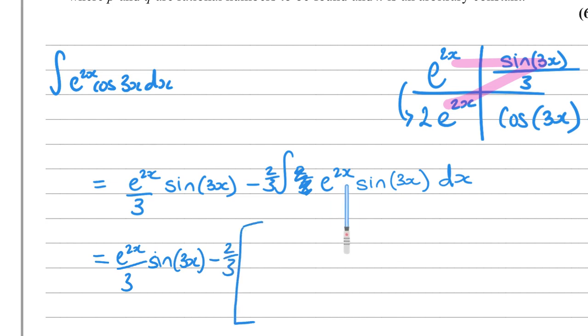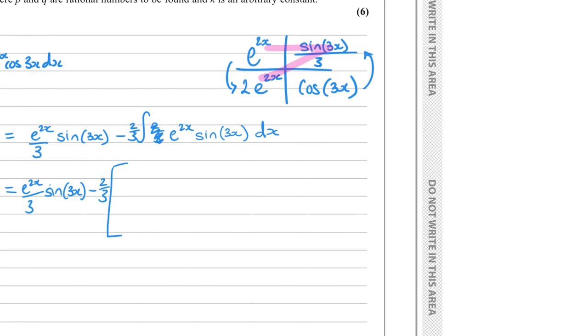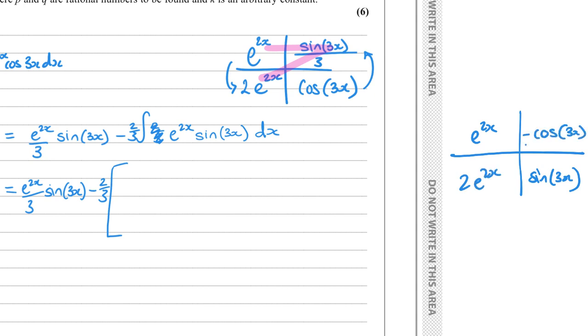Now we know here we have another product, so we're going to have to do the integration by parts again. So if I do this, I'm going to put my e to the 2x here, sine 3x here. So I'm going to get 2e to the 2x. Sine is minus cos 3x over 3.